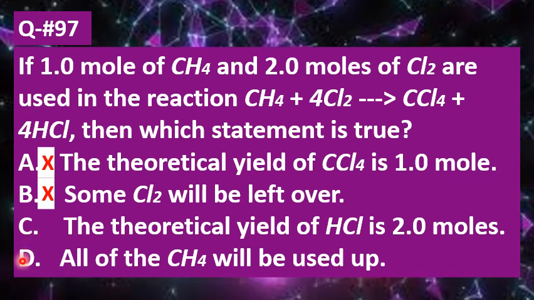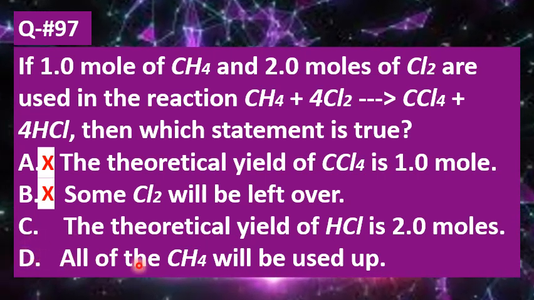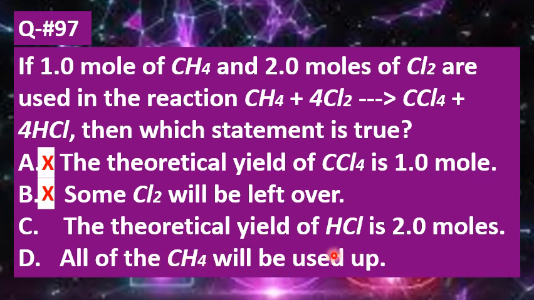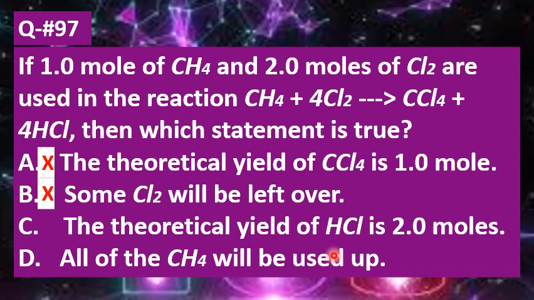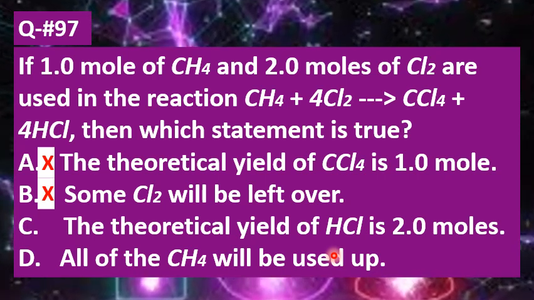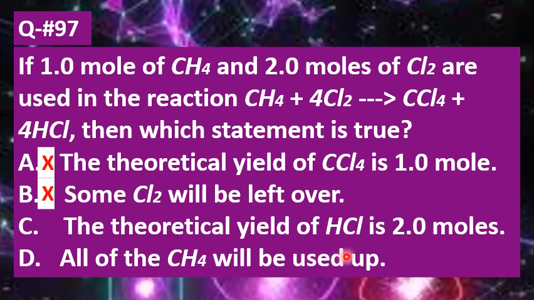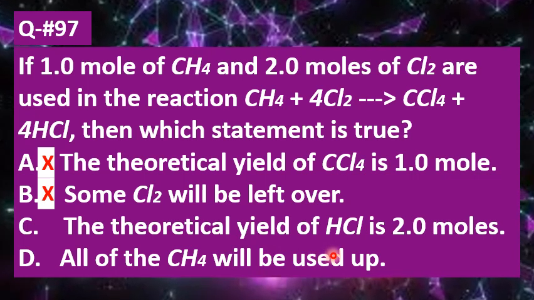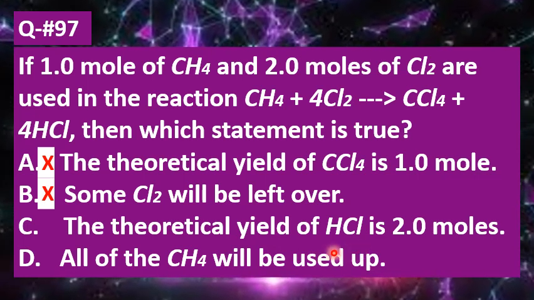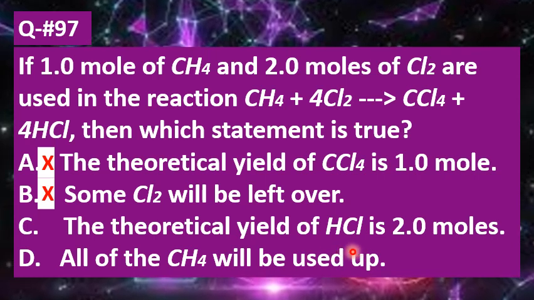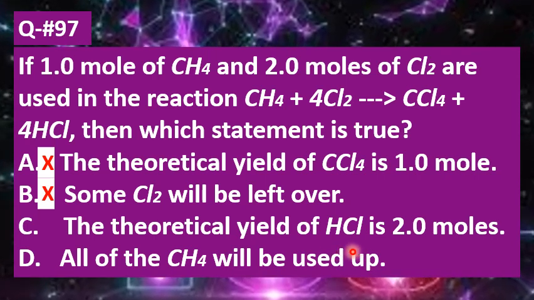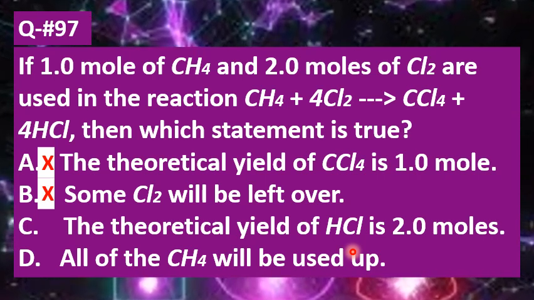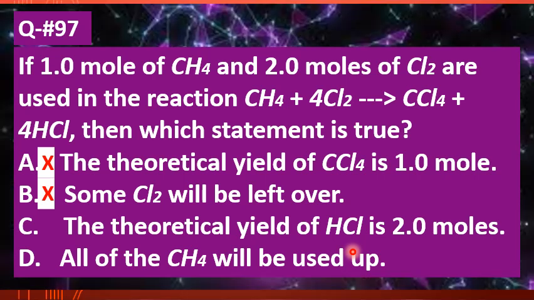Now, let's go first to letter D. All of the carbon or methane will be used up. So, this statement is also incorrect because as earlier calculated, only 0.5 moles of methane or CH4 is used up out of the 1 mole of carbon or CH4, also known as methane.